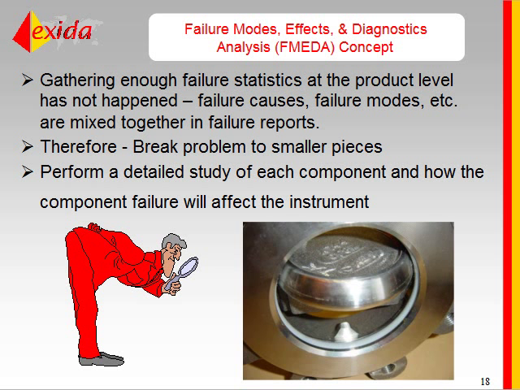If we just don't have enough statistical records to generate failure modes and failure rates from this kind of product information, the way to solve a problem is a classical engineering approach: break the problem into smaller pieces. So I'm not going to look at a whole remote actuated valve assembly.